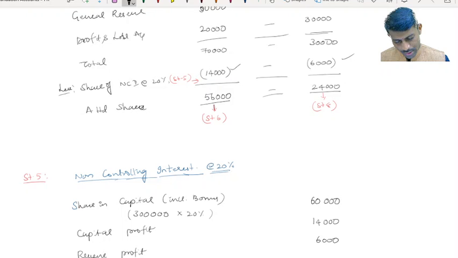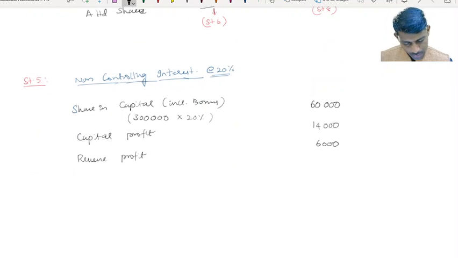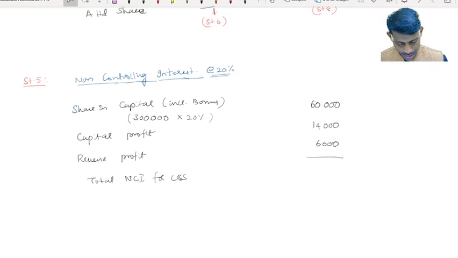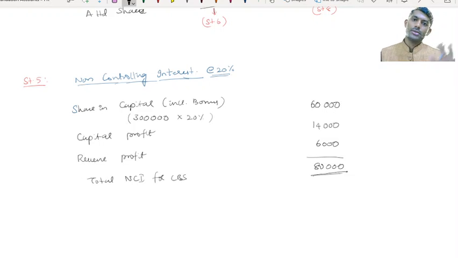So what is total NCI for CBS? Here there is no unrealized profit, no adjustments. Therefore it is completely 80,000. This will go to your NCI in the balance sheet.